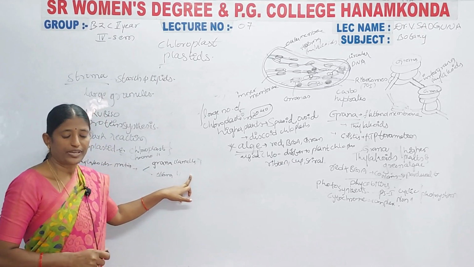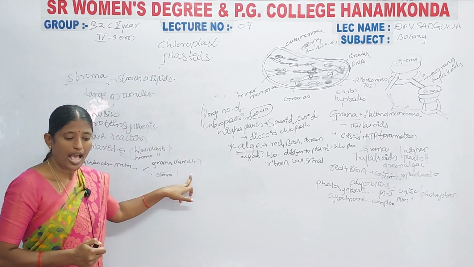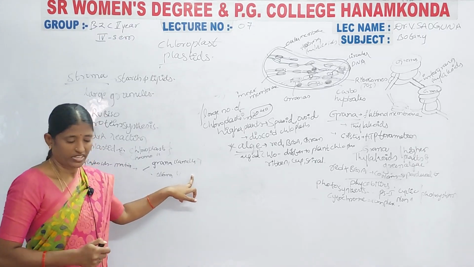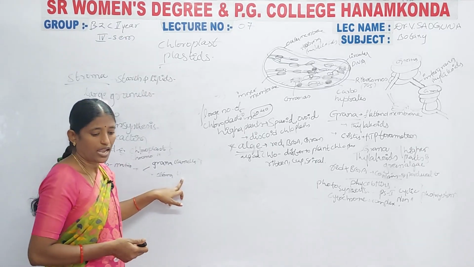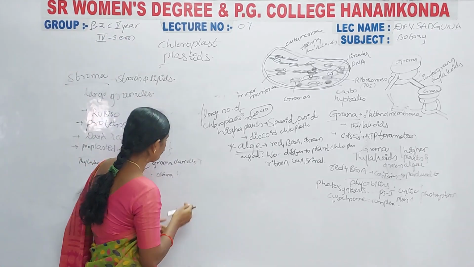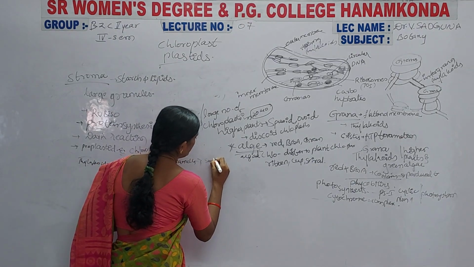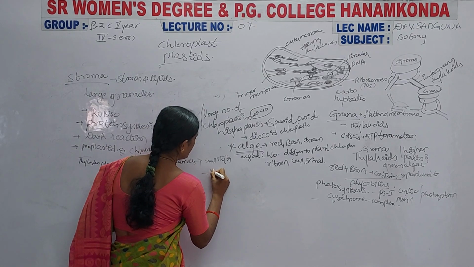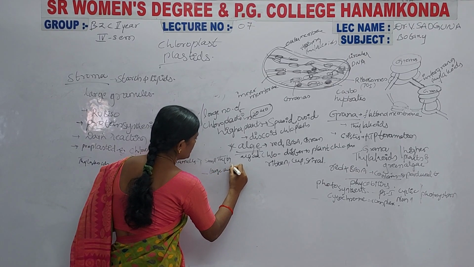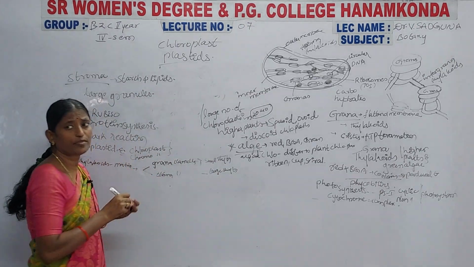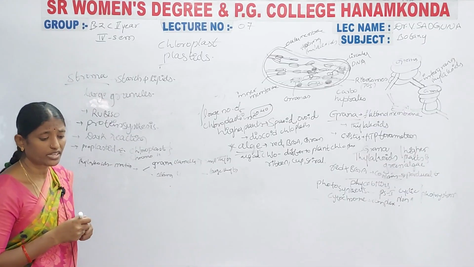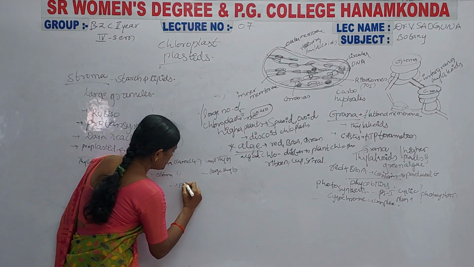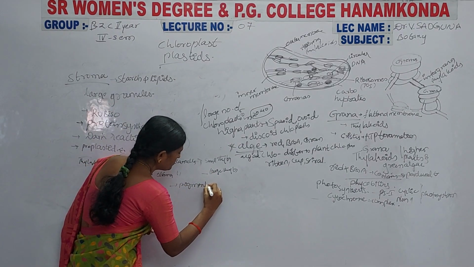It also has pigment, and the large lamella is completely light absorbing. The large thylakoids absorb a large amount of pigments.